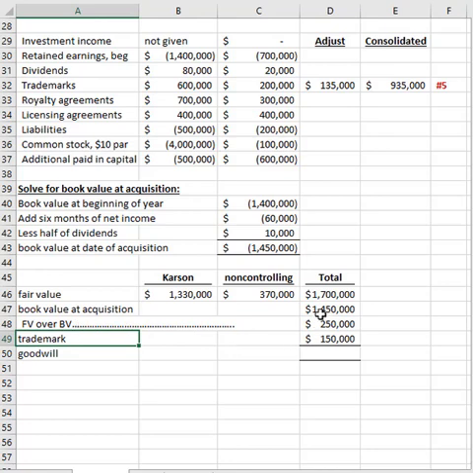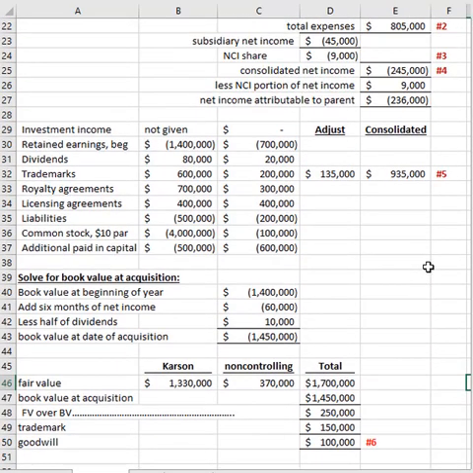Okay. And so of the $250,000, $150,000 is going to trademark, so the rest is going to goodwill. And that is your number 6 there. Okay, ready for the next.